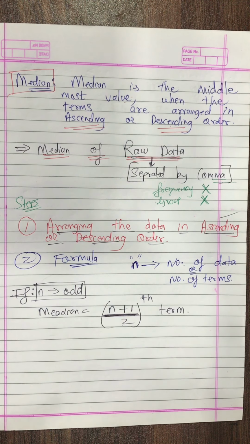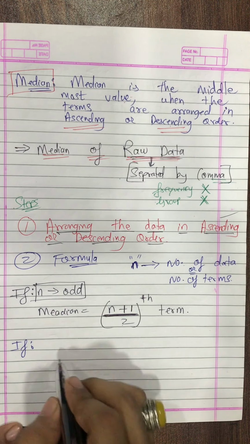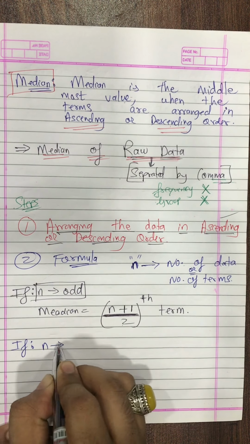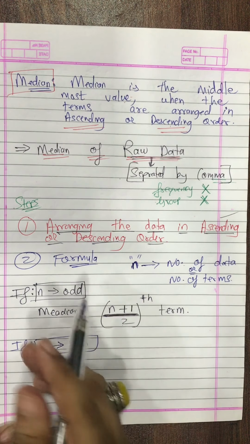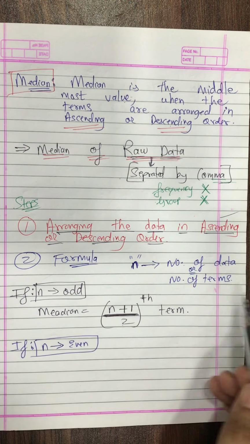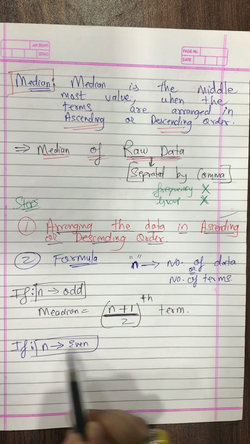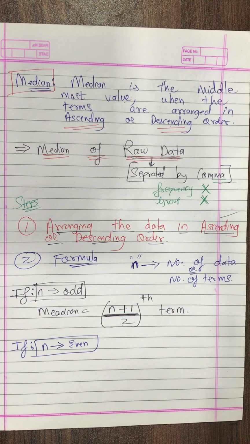Now students, if your given data, the number of data, is an even number, for example 10 different terms are given separated by commas, so the number of terms n is an even number. So what will be the formula of median, students? Pay attention please.